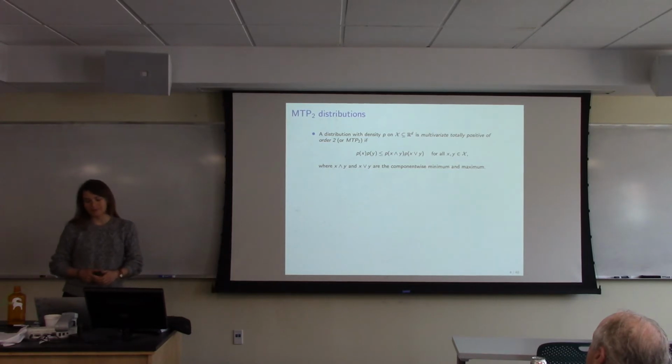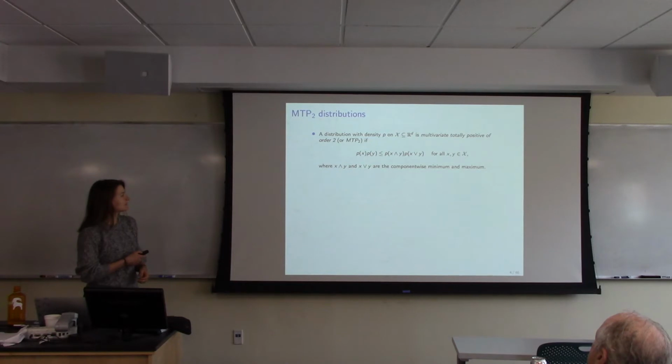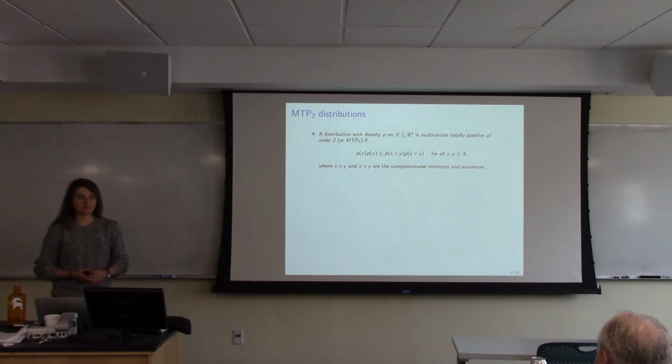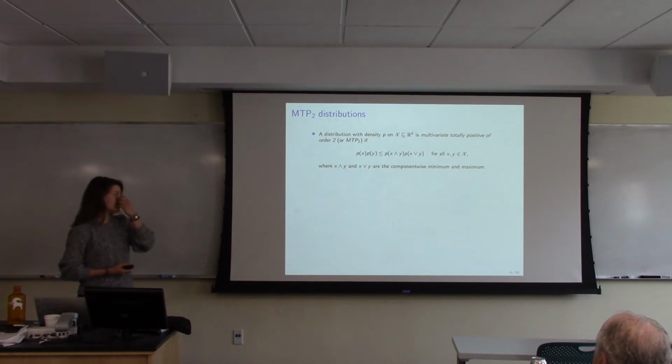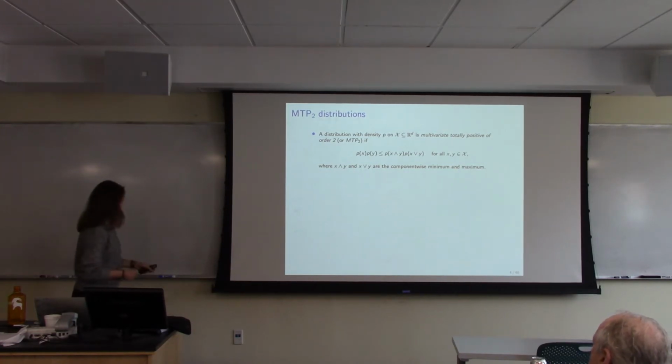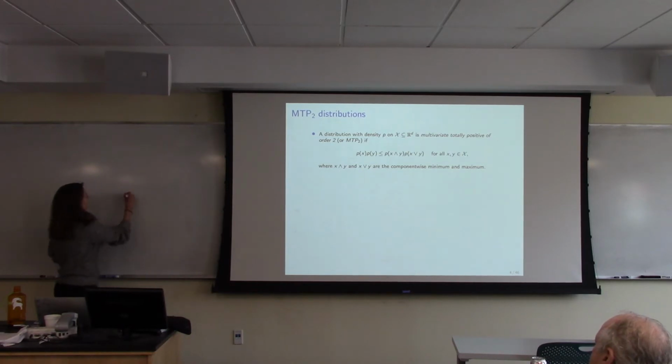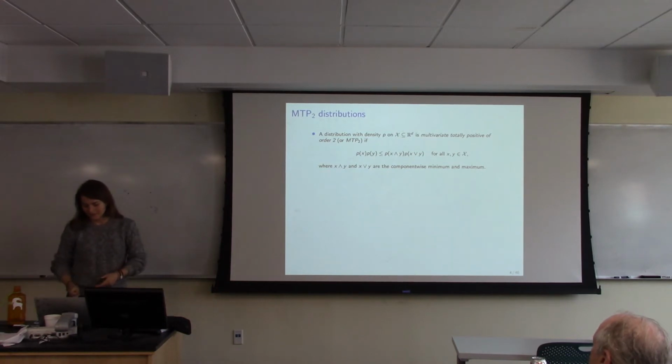So for every 2 points in our space, p(x) times p(y) is less than or equal to p(x ∧ y) times p(x ∨ y), where these are coordinate-wise minimum and maximum. Okay, so if you have R^2, then you have x here and y here, then this is the minimum and the maximum, so p(x) times p(y) is less than or equal to p of this times p of this.